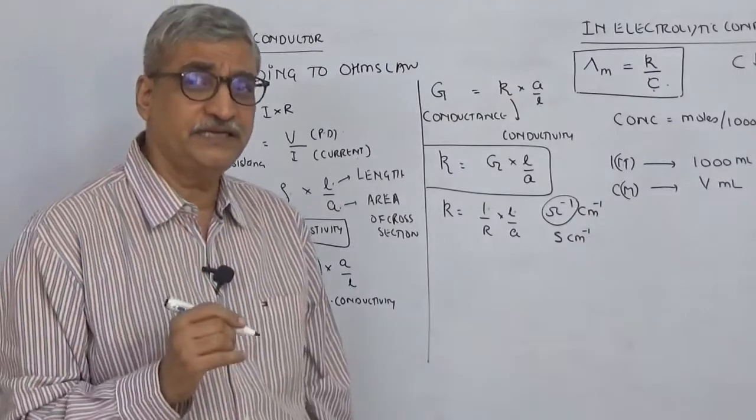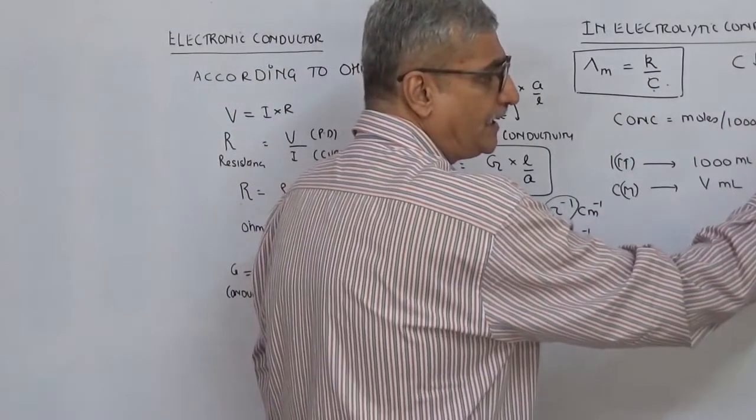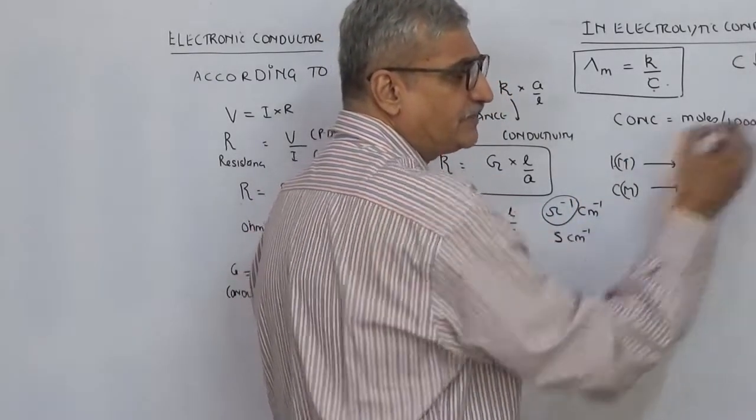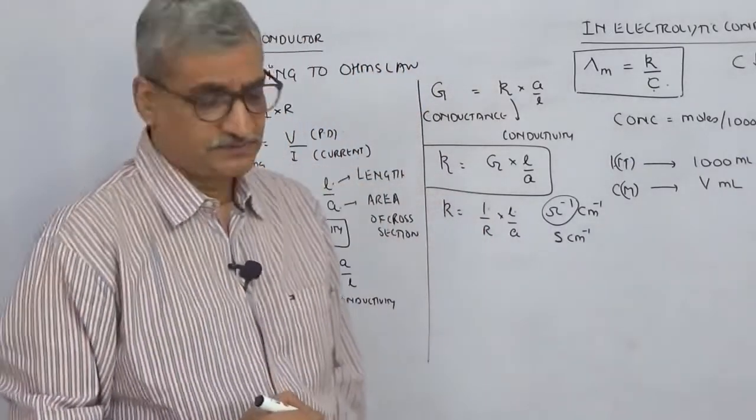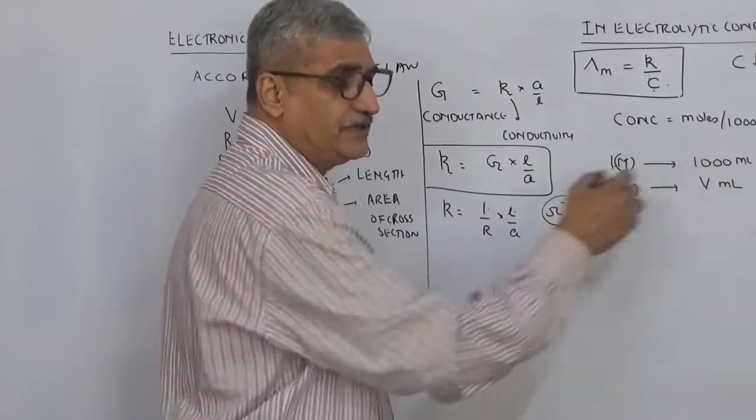Now try to understand in mathematics, concentration and volume are inversely proportional. So when they are inversely proportional, you can do cross multiplication.